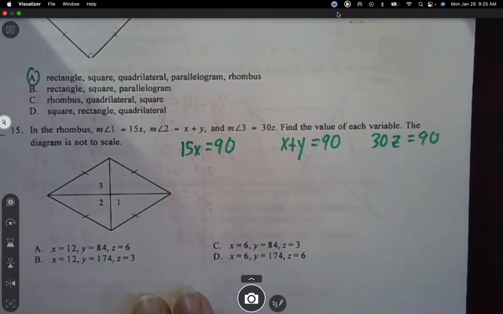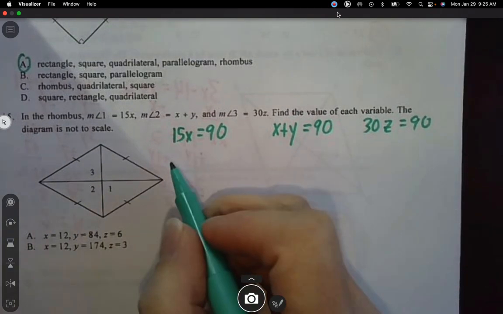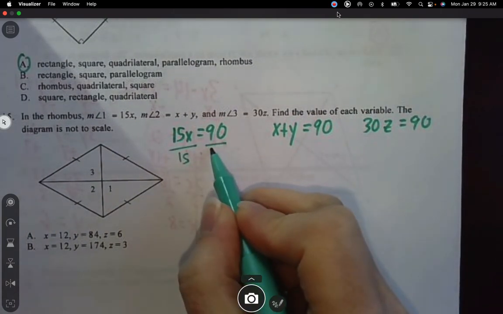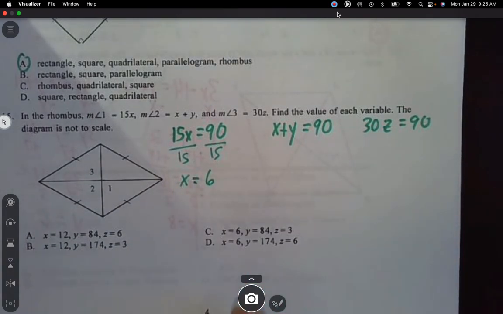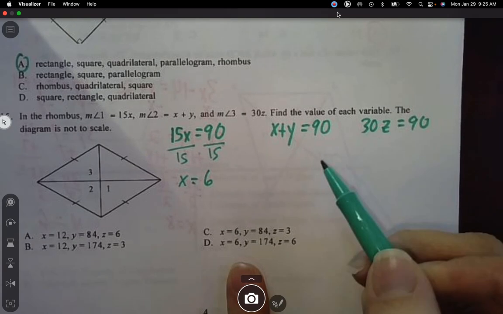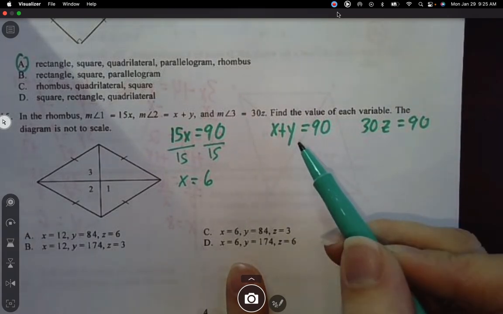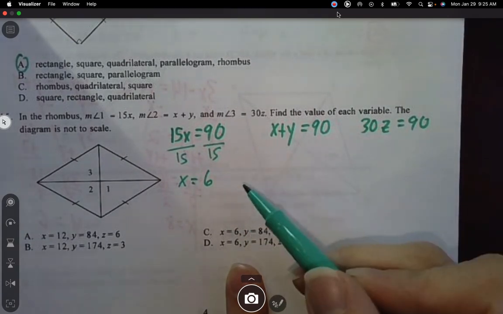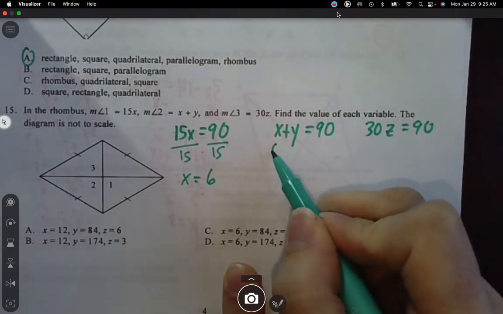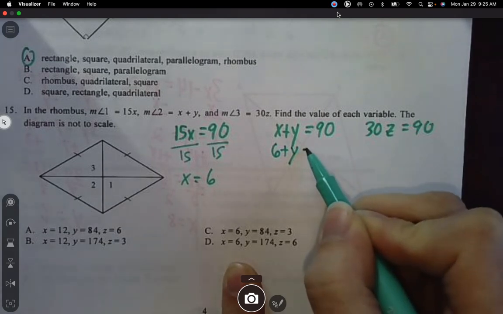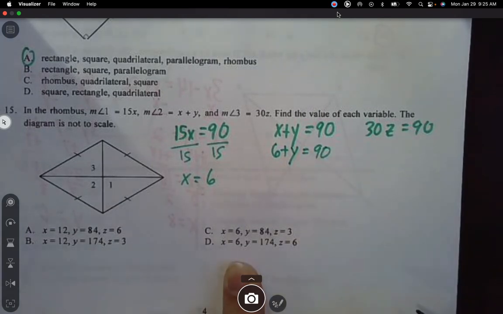How do I solve each of them now? Divide by 15. Yep, divide both sides by 15. So x is 6. Now, I can't solve the next one without plugging in my x value. Does that make sense to everybody? So instead of x plus y, I have 6 plus y equals 90.